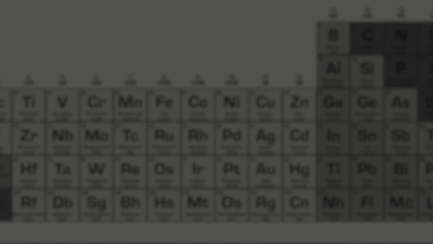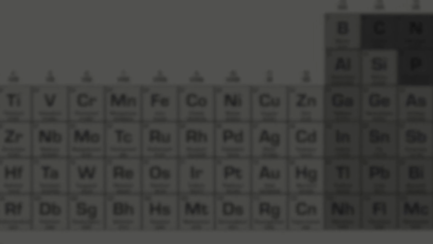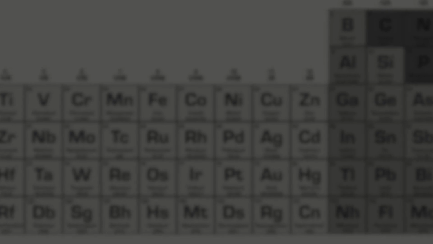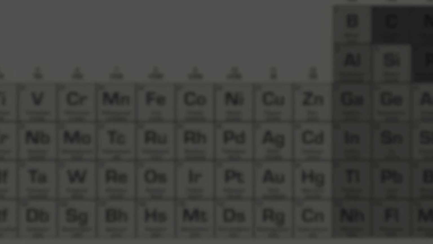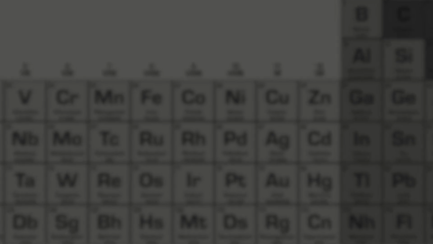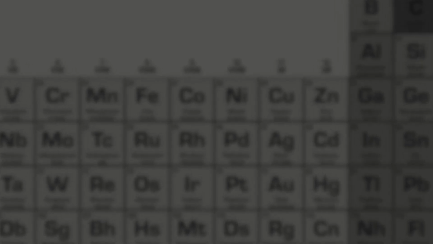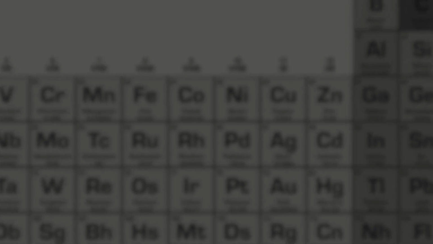However, beneath its appearance lies an orderly system that organizes all known chemical elements according to their atomic number, electron configuration, and recurring chemical properties.